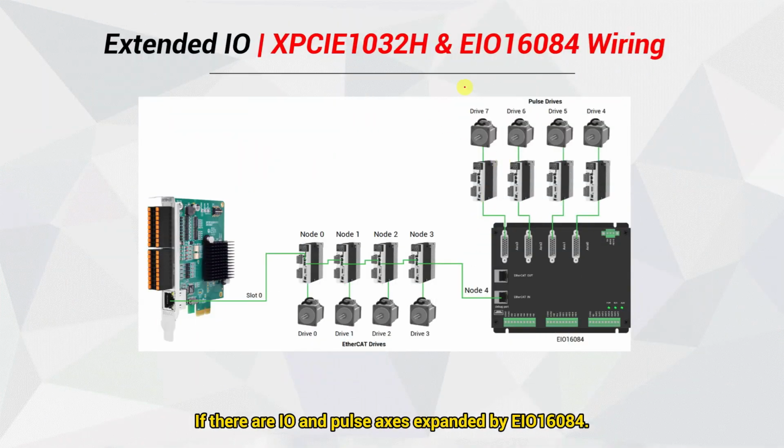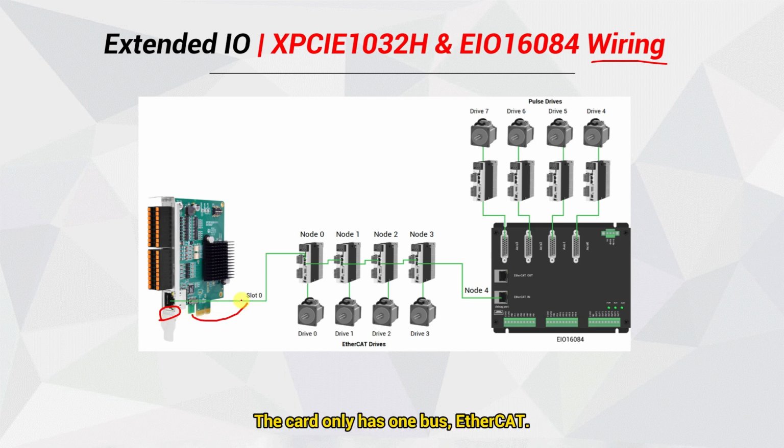If there are I/O and pulse axes expanded by EIO16084. The important step is to wire them. Like this, connect them through EtherCAT. The card only has 1 bus, EtherCAT. So slot is 0. 4 slave devices are connected in order. They are called node.